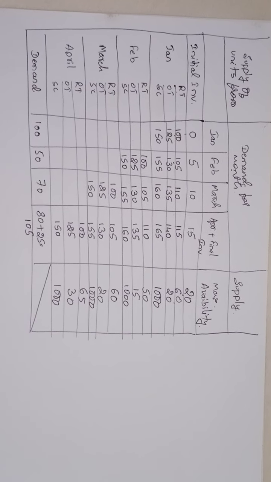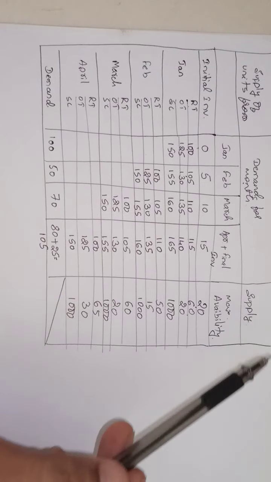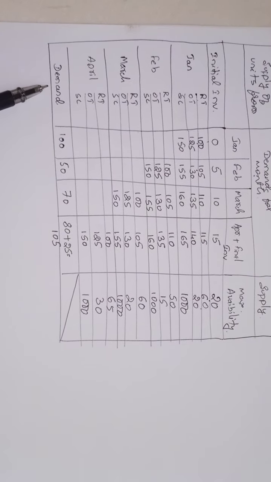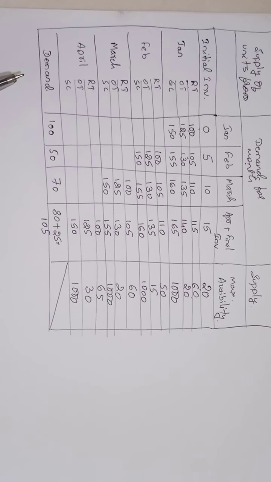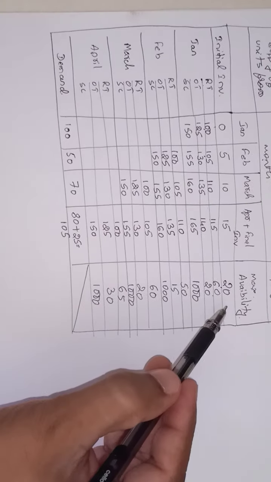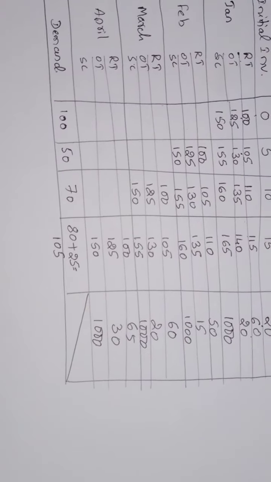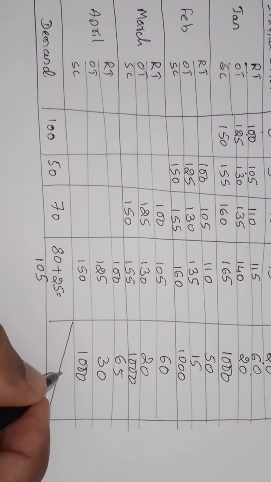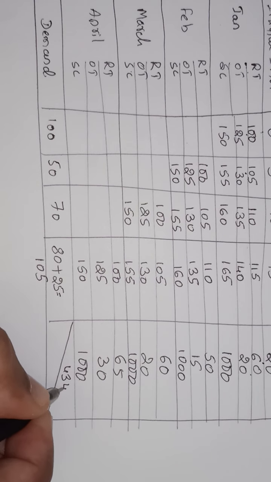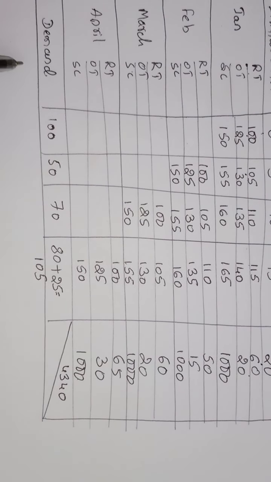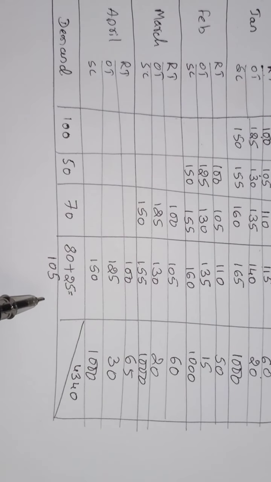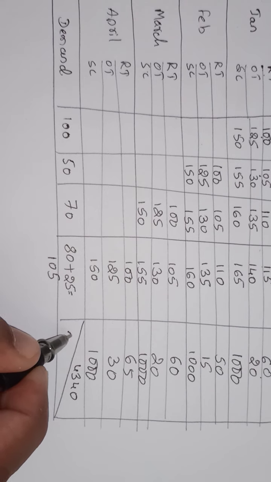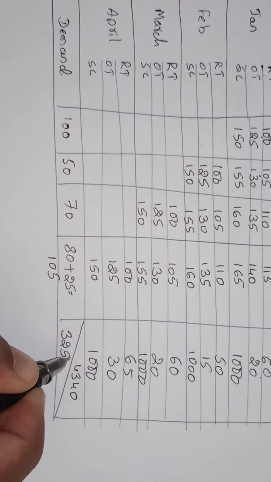The first one is that supply must equal demand. First you should check by adding the supply what number you are getting, which is 4340. But by adding the demand, you will have 325.